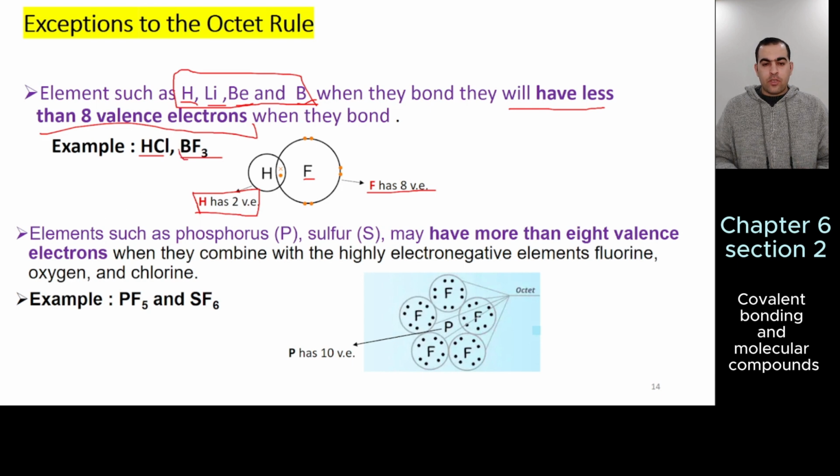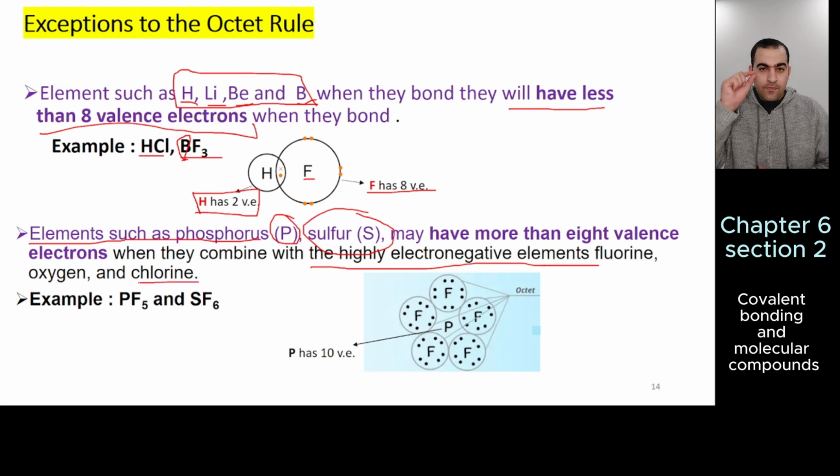Boron also is going to have 6 valence electrons when it bonds with 3 fluorines. Later we will explain that. Elements such as phosphorus and sulfur sometimes may have more than 8 valence electrons when they combine with the highly electronegative elements: fluorine, oxygen, chlorine.